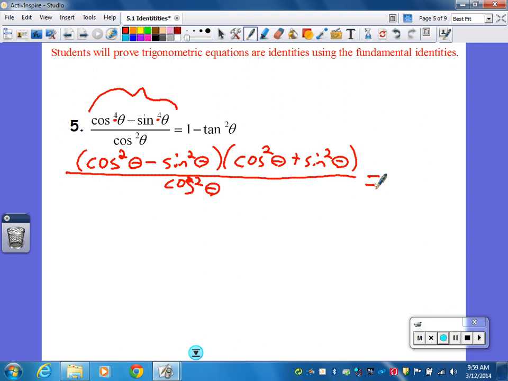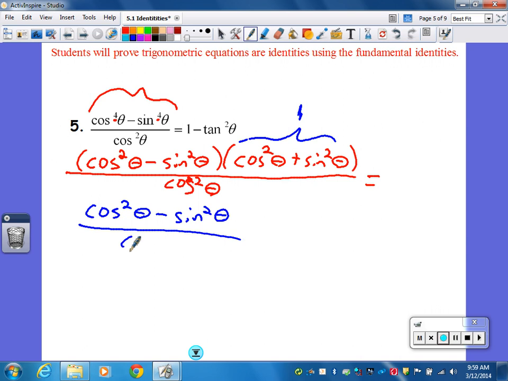Now, okay. I know that cosine squared plus sine squared is equal to 1. Okay. So I'm going to rewrite my expression as cosine squared theta minus sine squared theta all over cosine squared theta.